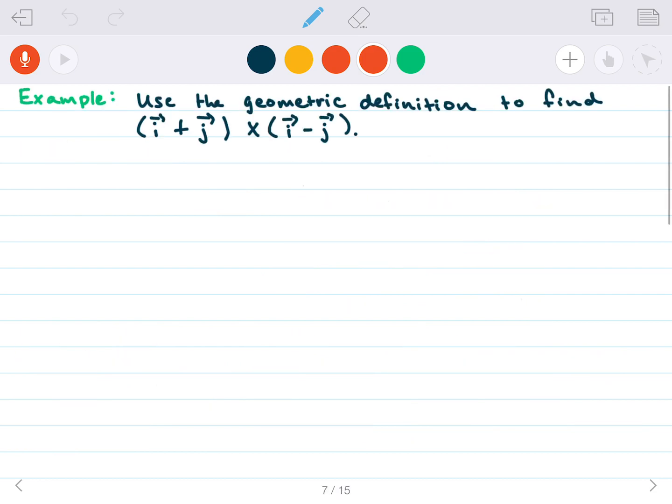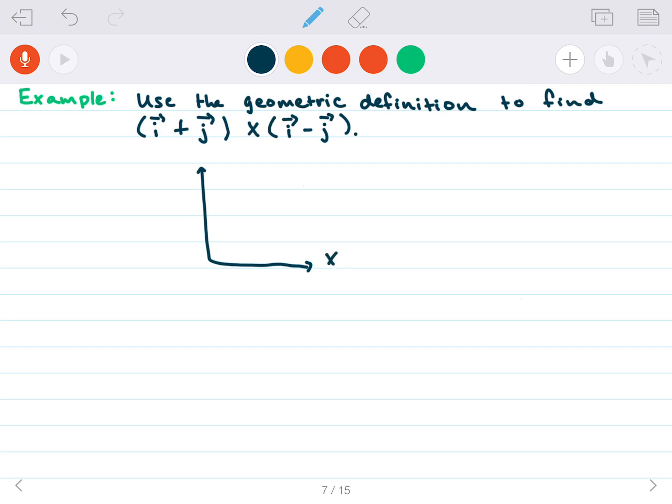Okay. So let's do an example using our geometric definition to figure out what the cross product of i plus j and i minus j is. So let's go ahead and do a little sketch of our vectors here in the xy plane. And we can see that we don't have a k component, which means that we're just working on the xy plane, which is nice.